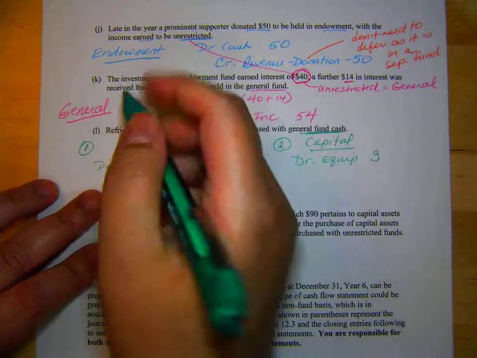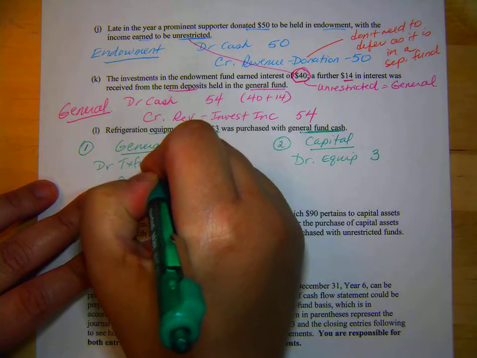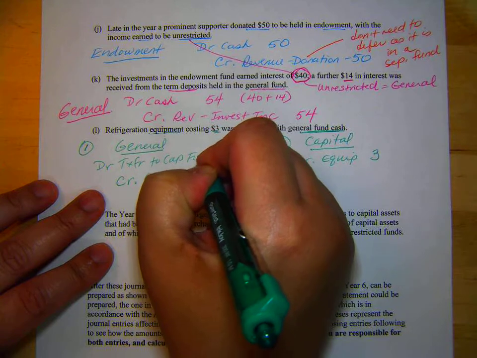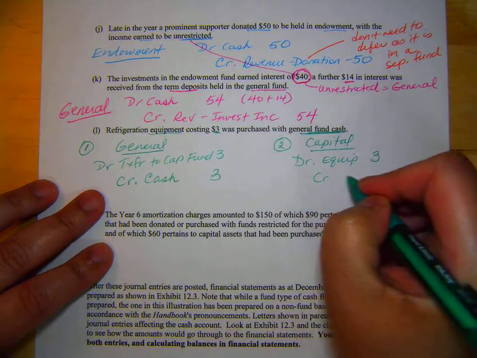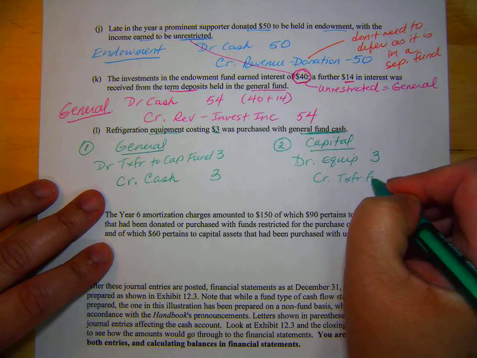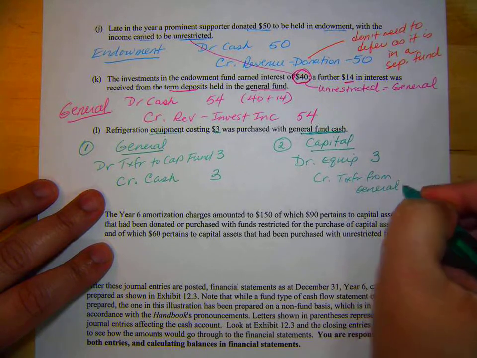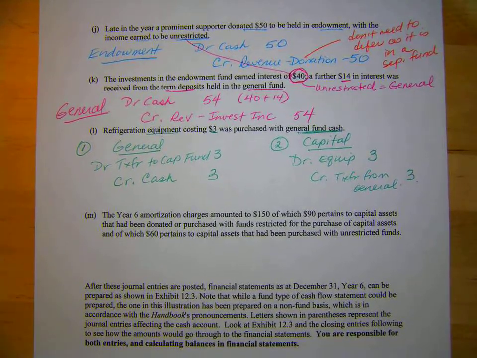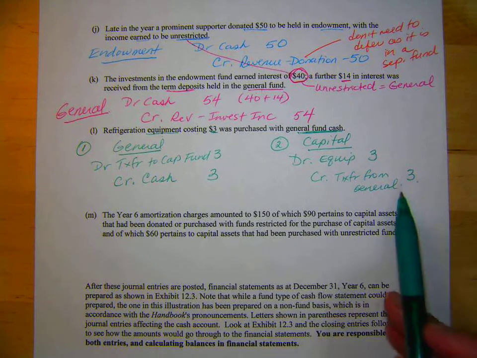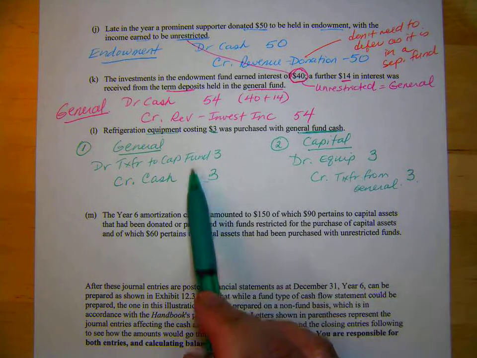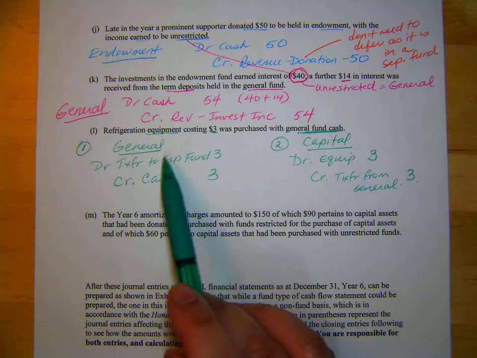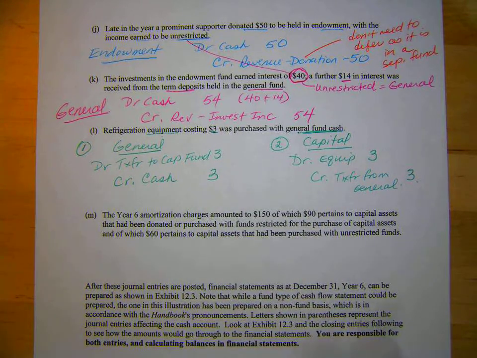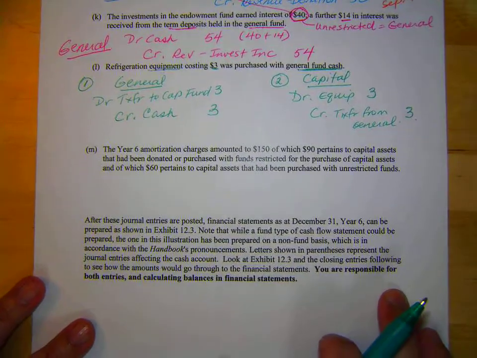So what we need to do is transfer to capital fund for 3 and credit transfer from general for 3. Okay, so that shows cash comes into the capital fund and then it's spent. Here, cash goes out because we bought something for capital. So that's about as tricky as this is going to get.